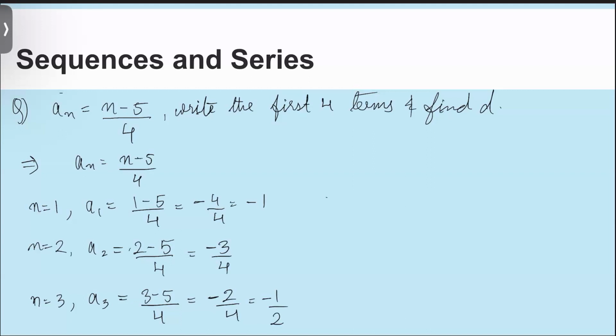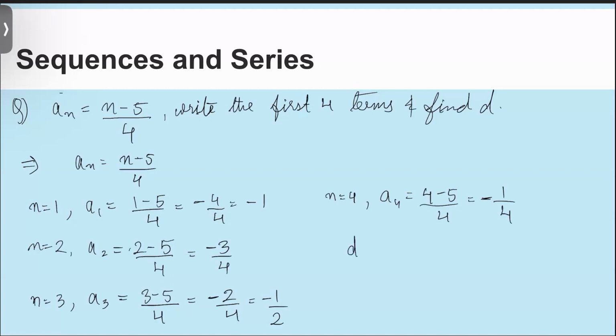Then n is equal to 4, because we have to find up to the 4th term, so a4 is (4 minus 5) by 4, which is minus 1 by 4. This is what we get, the first 4 terms.